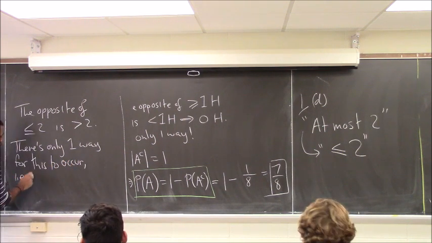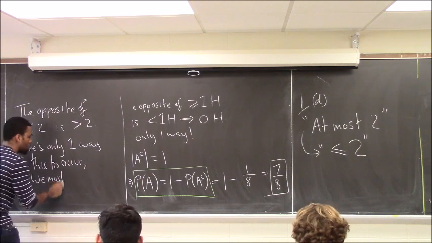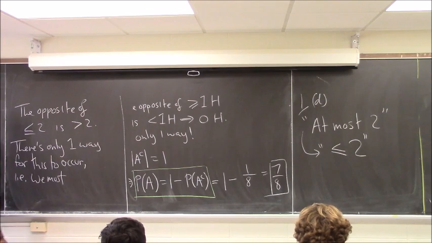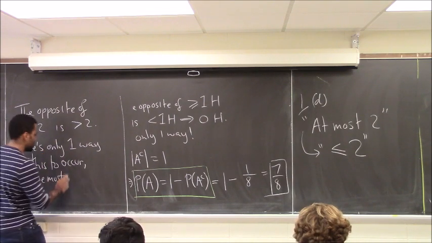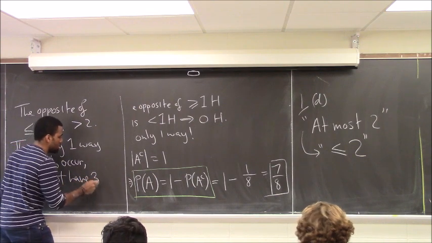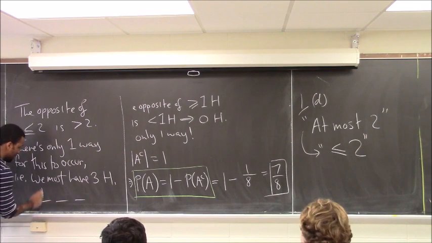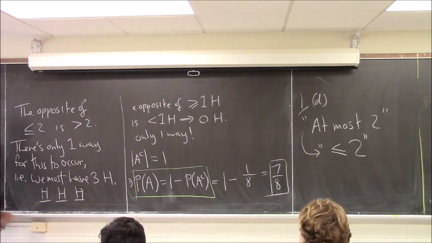Namely, we must have 3, because we're only tossing the coin 3 times. We're in the scenario where we're tossing the coin 3 times. So the only way I can get more than 2 is having 3 heads. I must have the scenario where I have H, H, H.